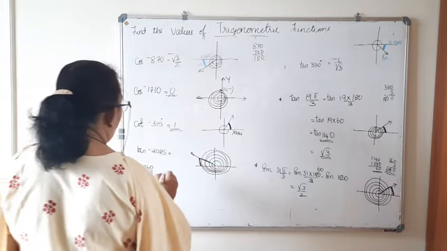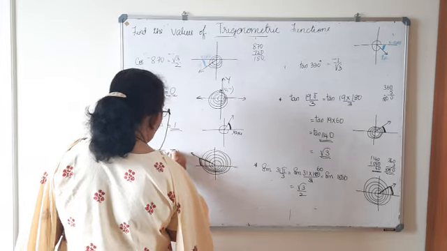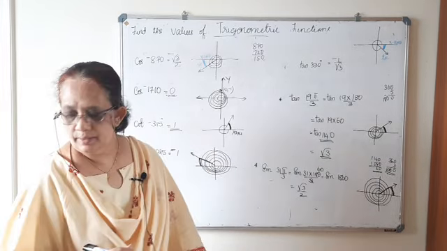Tan 45. Tan 45 is equal to 1, but it's in the second quadrant, so it is equal to negative.